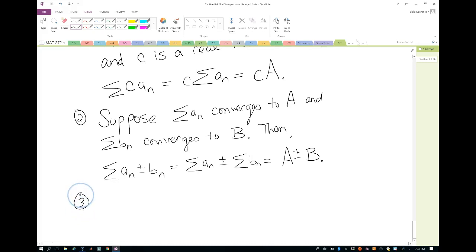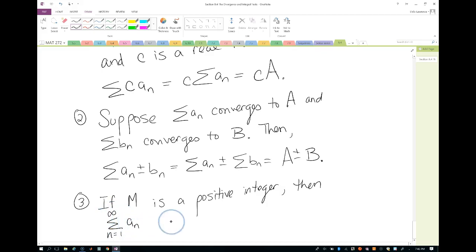Now this last property I've also used and explained already. If m is a positive integer, then the sum from n equals 1 to infinity for a sub n, and the sum from n equals m to infinity for a sub n either converge or diverge together.